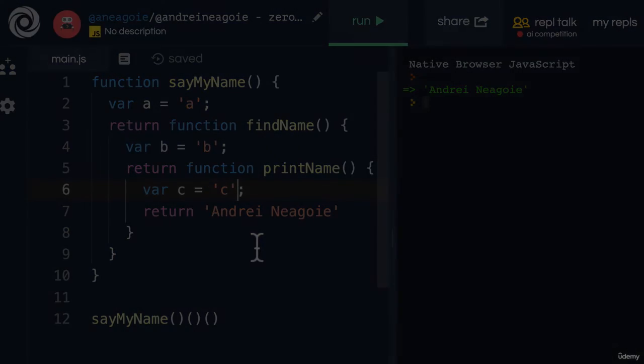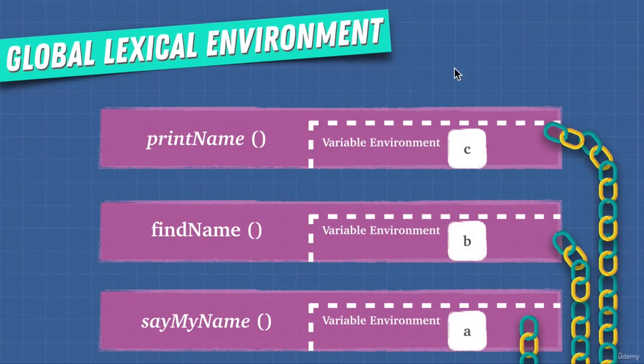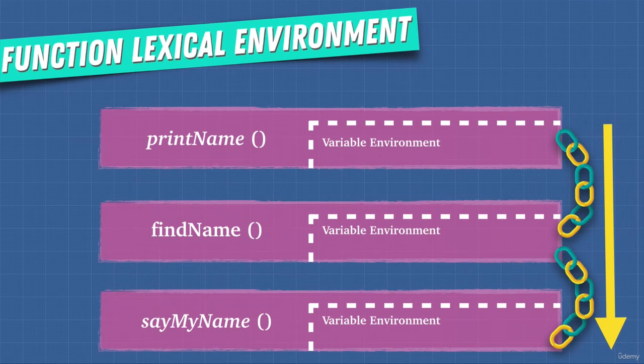Well, it will look something like this. Instead of having the links like this, you'd have them like this. What we call a function lexical environment. That is, findName is written inside of, say, the sayMyName function.